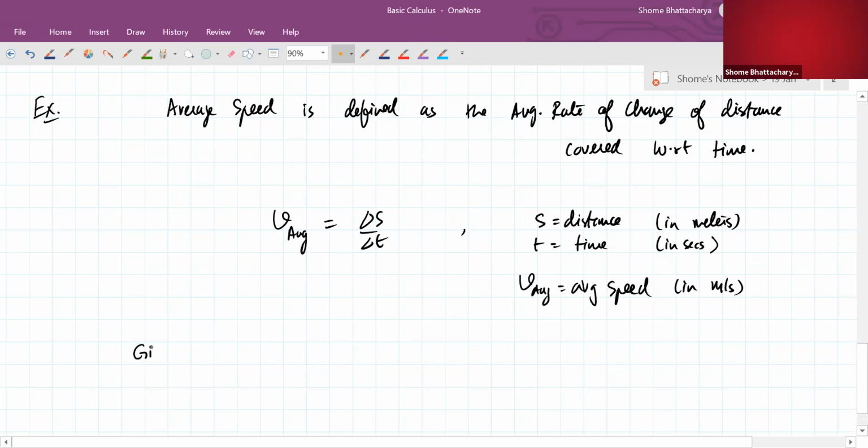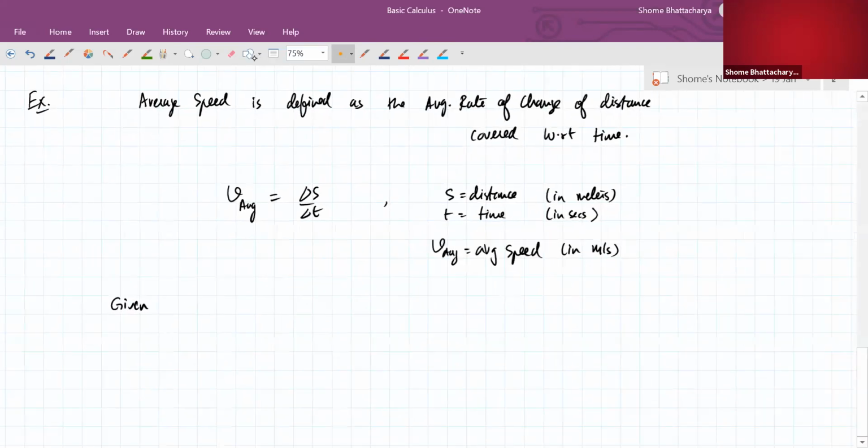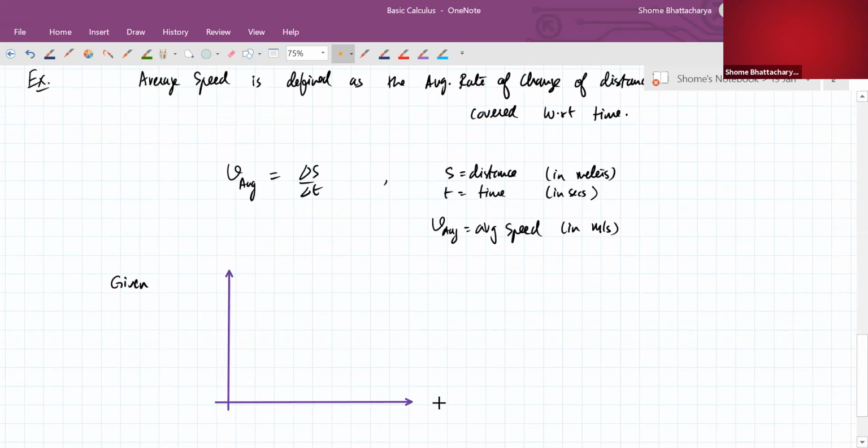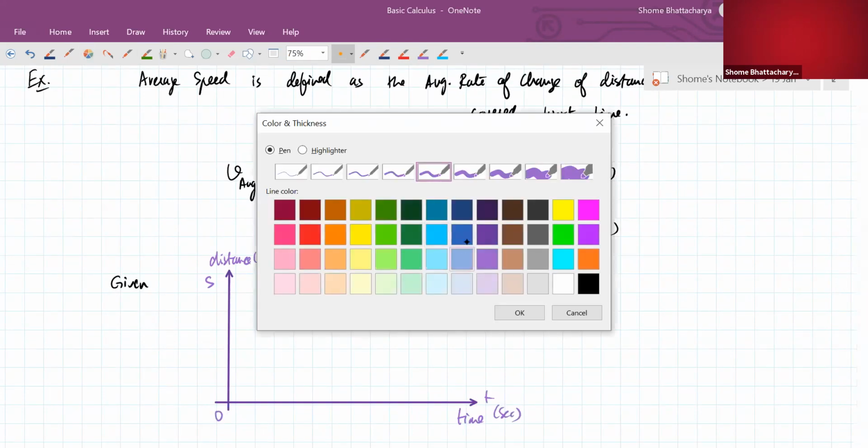Now, let's say a particular problem statement is giving us the distance versus time graph. So it is giving us distance s in meters versus time t in seconds. And this particular graph is, let's say, something like this.